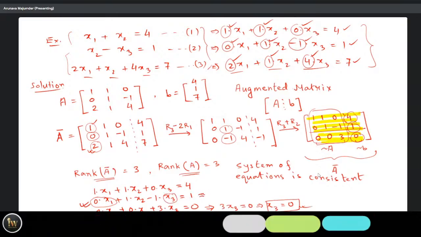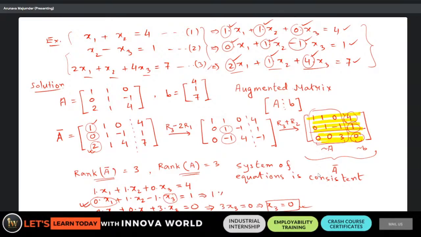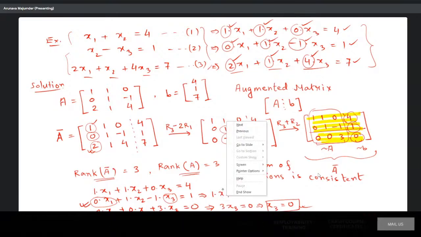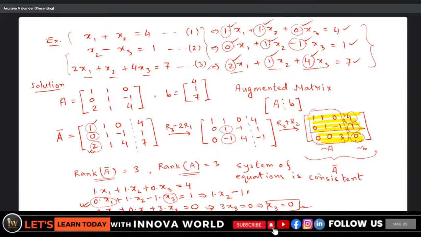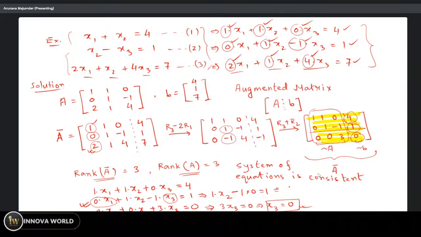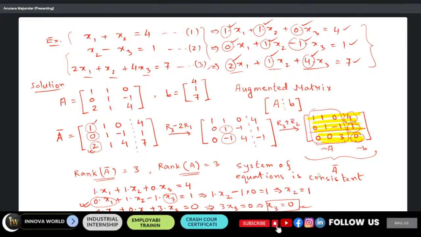We get 1 into x2 minus 1 into x3, and x3 is 0, so 1 into x2 is equal to 1. So what is the value of x2? 1.